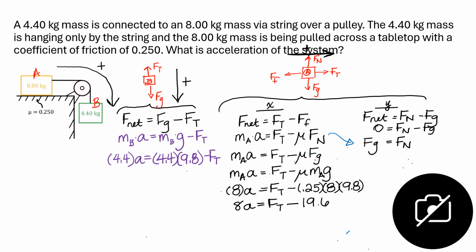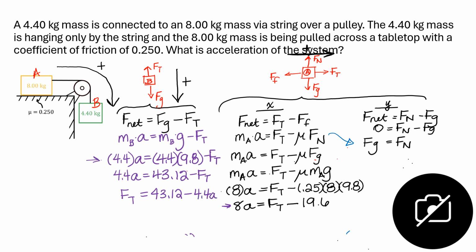And here are the two equations with two unknowns. So this is one equation, this is another equation. I'll go ahead and break this down a little bit more so that we're not stuck with too many extras. So 43.12 minus Ft. And here you can see why I suggested moving the Ft over. So Ft equals 43.12 minus 4.4a.